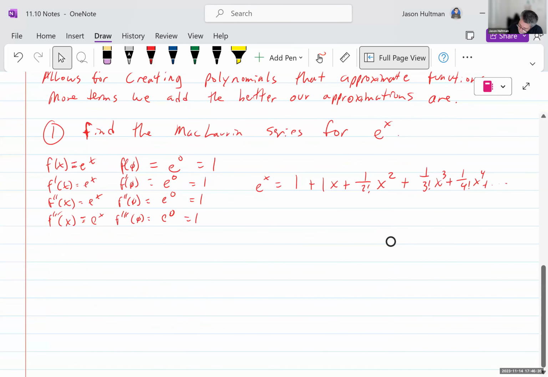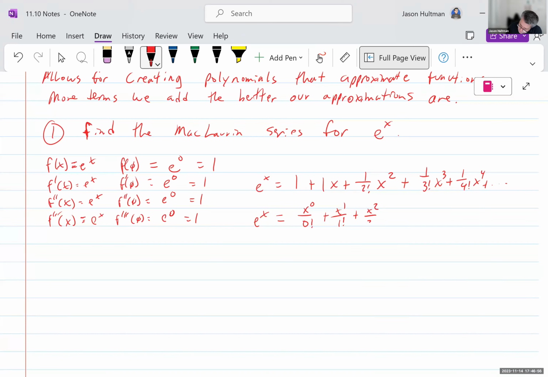Okay. I could rewrite this e to the x in terms of factorials. This would be x to the 0 power over 0 factorial, that would give me 1. This would be x to the 1st over 1 factorial, that would give me x.